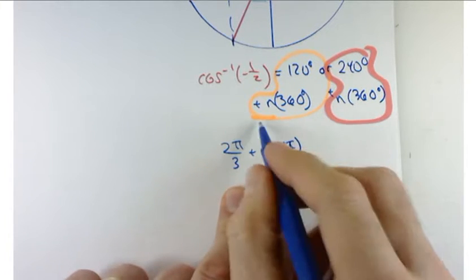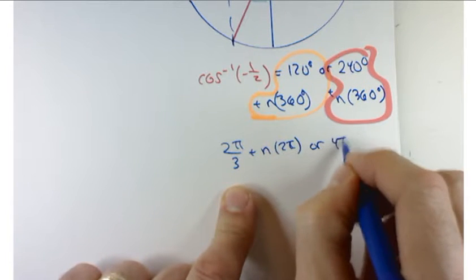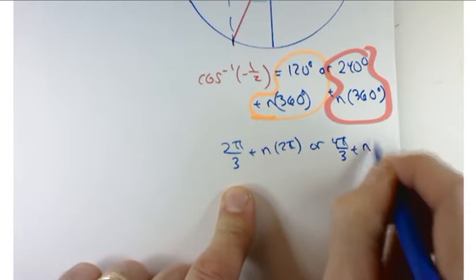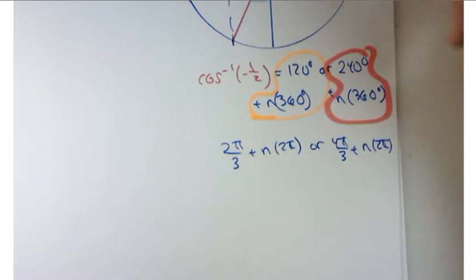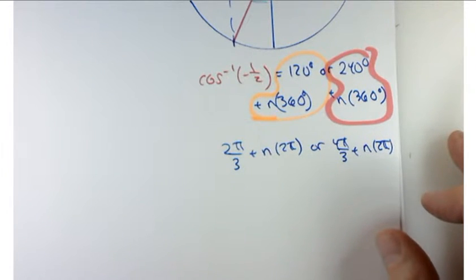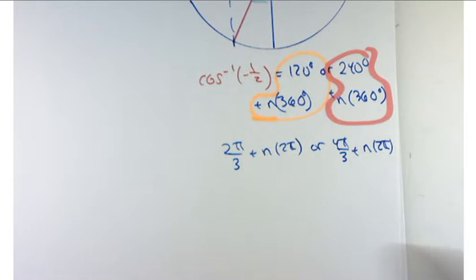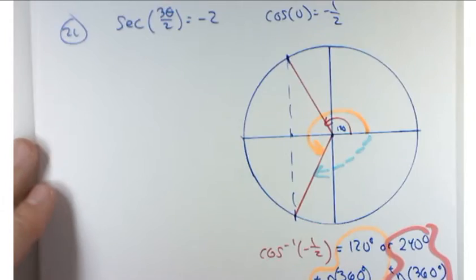So that's this answer. Or 240 is 4 pi over 3 plus n times 2 pi. Those are the two sets of answers that I get for where cosine of u equals negative 1/2. Okay. Had I been here last week, I could have gone over some more of this in more detail, etc. Sorry I wasn't around.